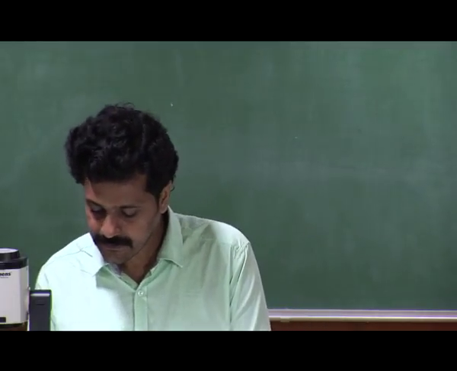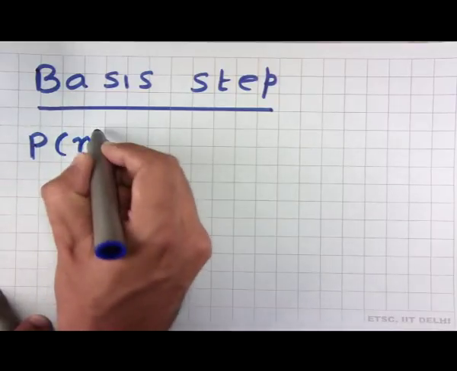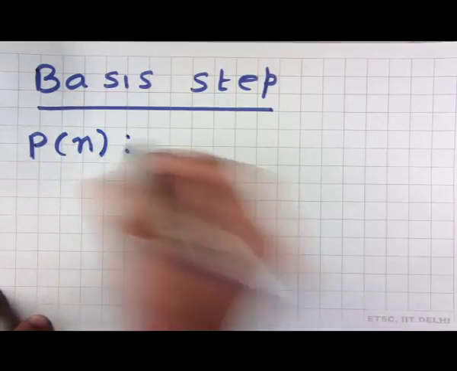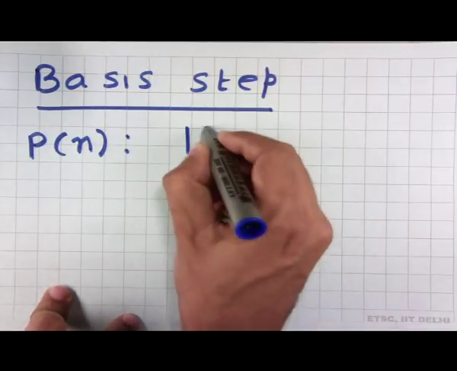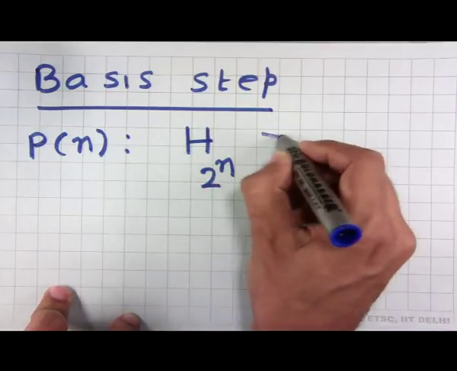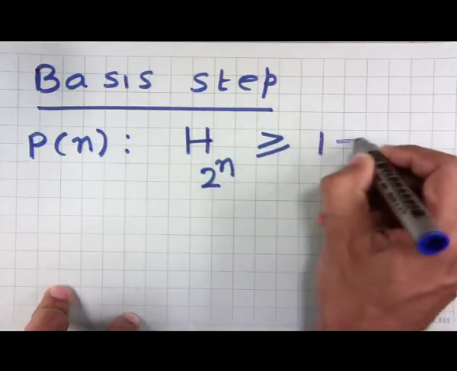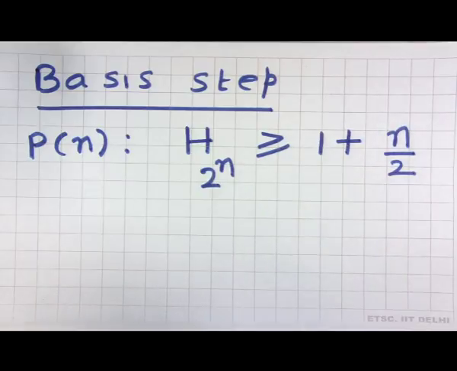Before proceeding, for the sake of simplicity, let me call the given statement P of n. P of n is the statement that the 2 power nth harmonic number is greater than or equal to 1 plus n by 2. And in the basis step, we have to prove P of 0.